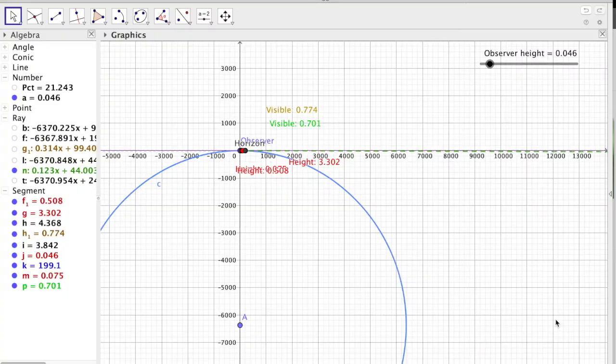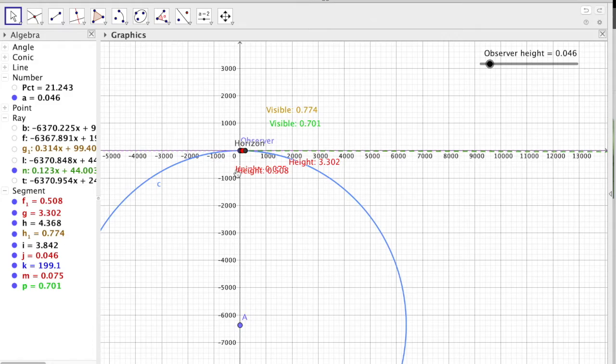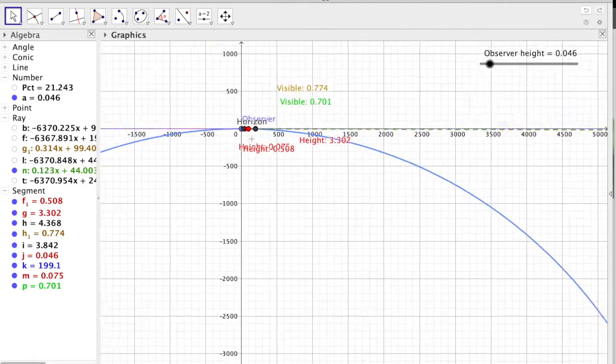So let's look at this in GeoGebra. And this is to scale, which means that we have a circle with a radius of 6,371 kilometers. So the units here are in kilometers in order to prevent too much zooming.